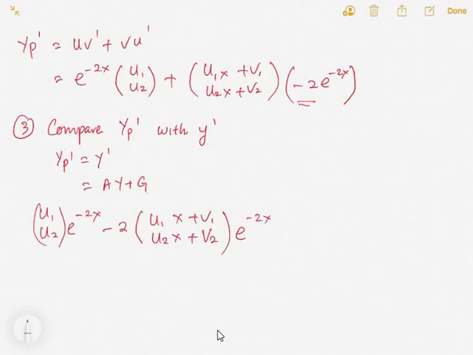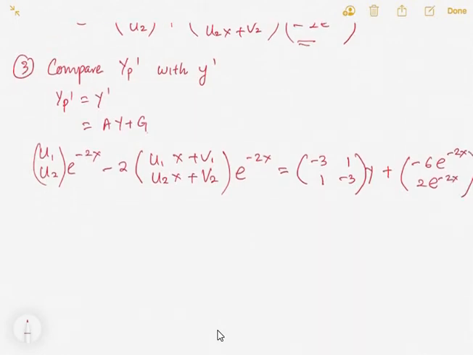And then equal to A. A from the previous, you obtained the matrix (negative 3, 1; 1, negative 3), and then y plus g. G is negative 6 exponent negative 2x and 2 exponent negative 2x. Now what is this y?